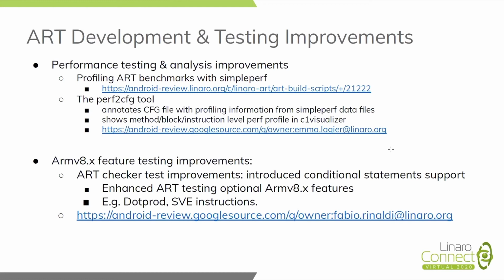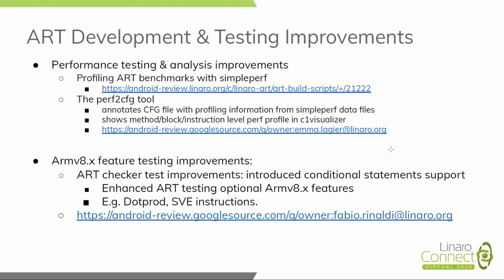For the new architectural feature development and improvement, we've developed an improvement to the current ART checker test framework, so that the checker test now supports conditional statements in its tests.